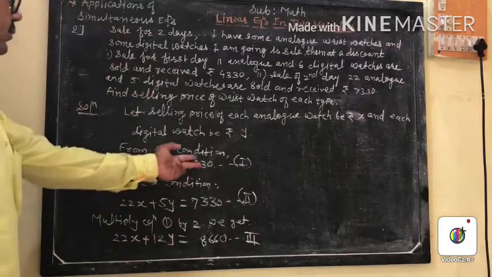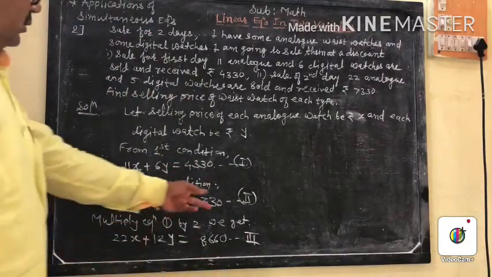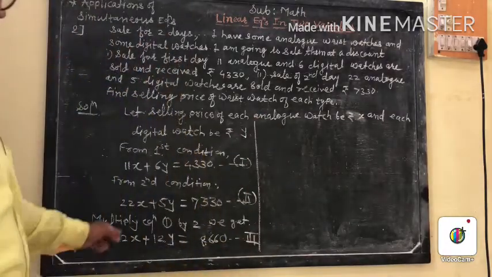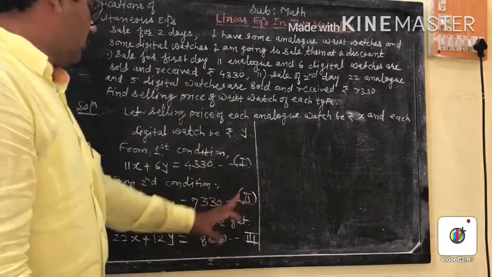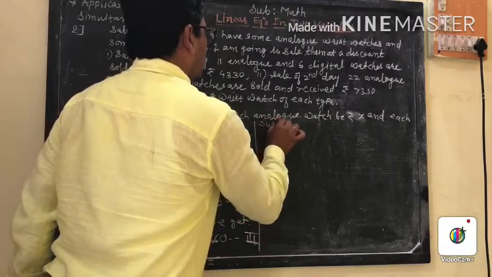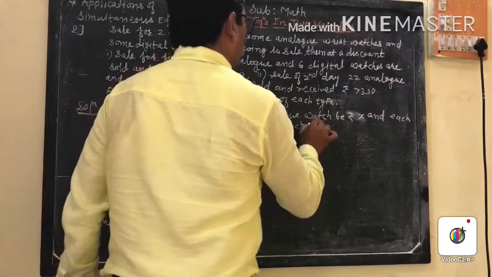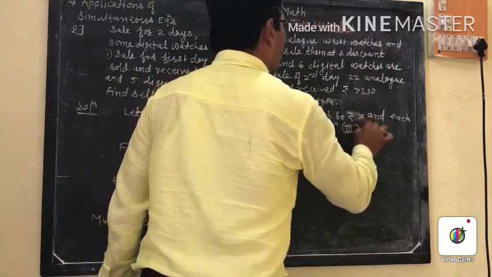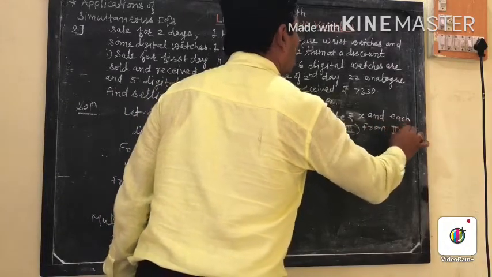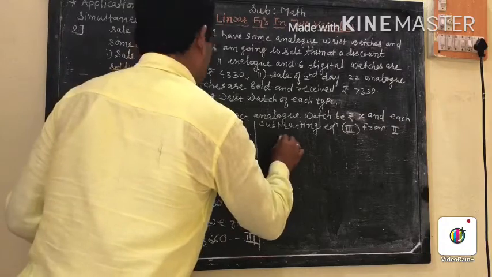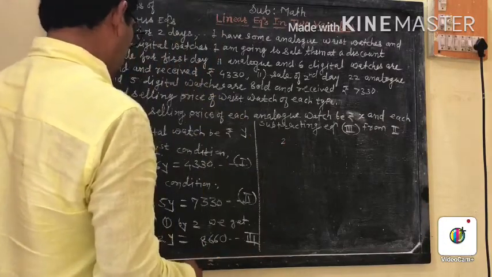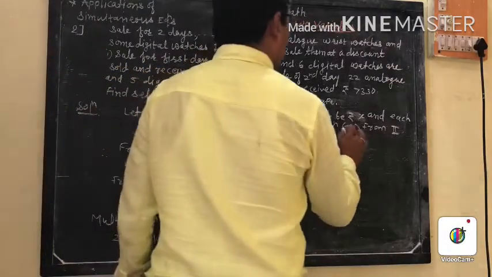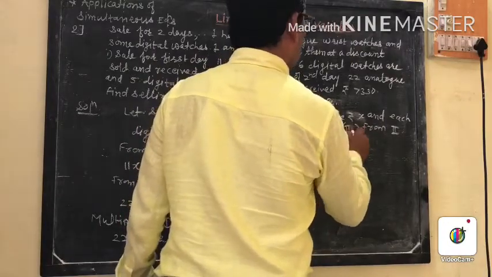Now equation 1 and 3 are equivalent equations. From equations 2 and 3, subtracting equation 2 from 3.